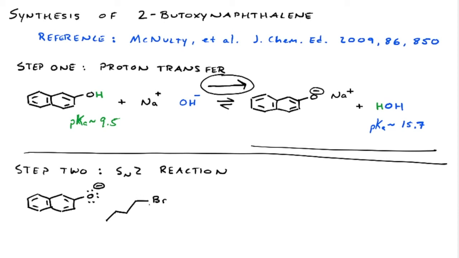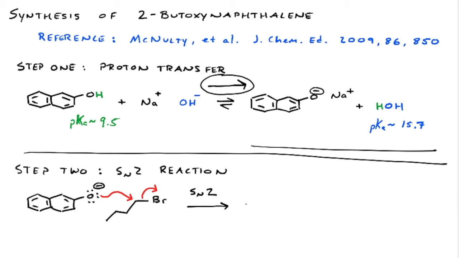It's a primary halide, and our SN2 reaction can occur through the typical SN2 mechanism, where the alkoxide attacks this carbon right here, and the bromine leaves as a bromide ion as a leaving group. So that is our SN2 reaction.